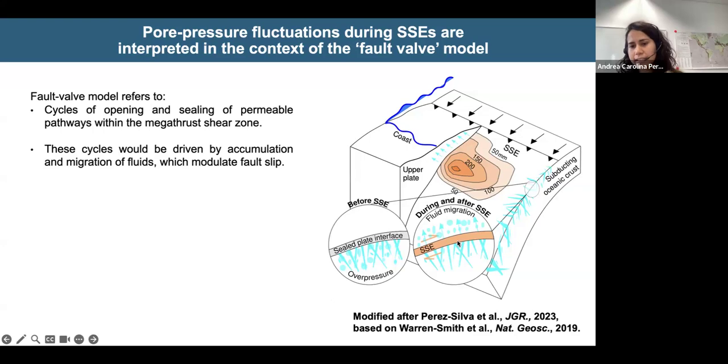And the slip enhances these fracture networks and allows permeability to increase enough for fluids to migrate from this lower plate to this upper plate. So then these cycles of pore fluid pressure would be driven by the accumulation or entrapment of fluids and the migration of fluids, which would modulate fault slip.